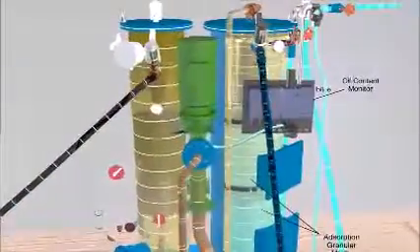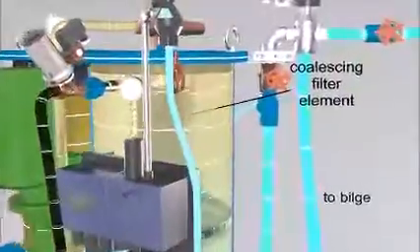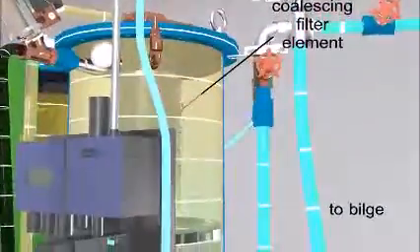More oil will separate out onto the underside of these plates and travel outwards until it is free to rise into the oil collecting space.